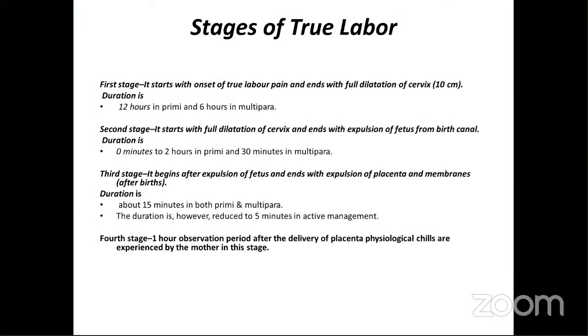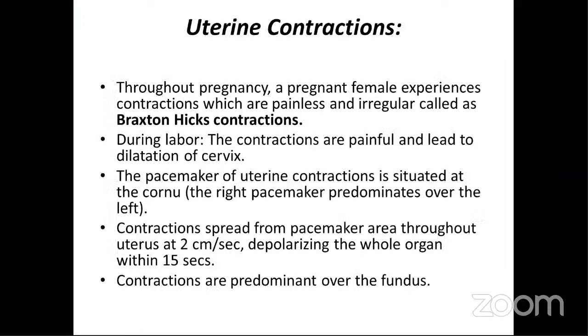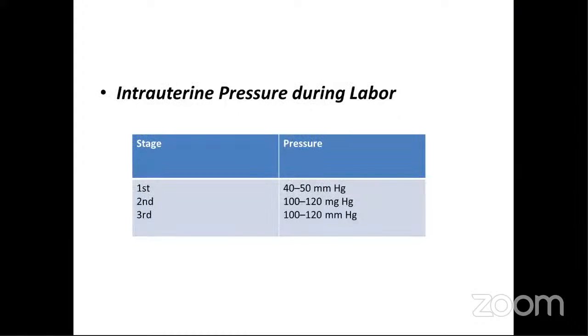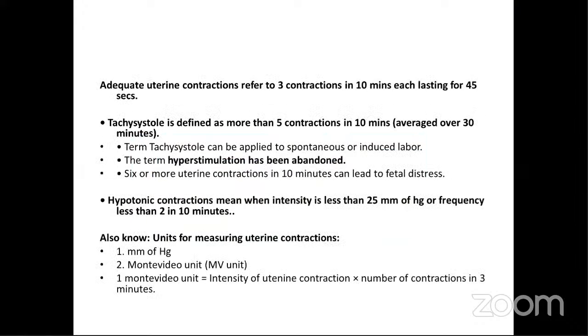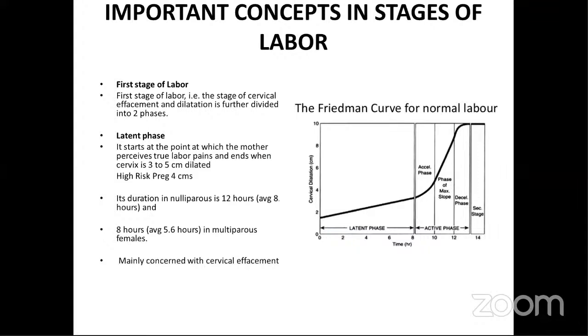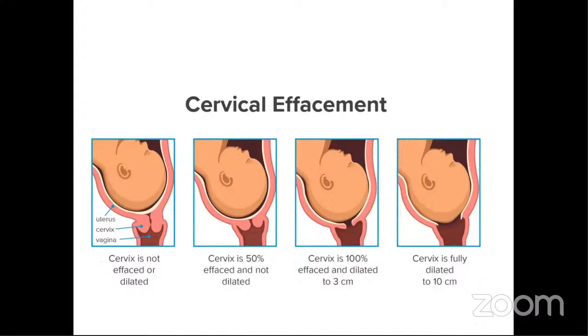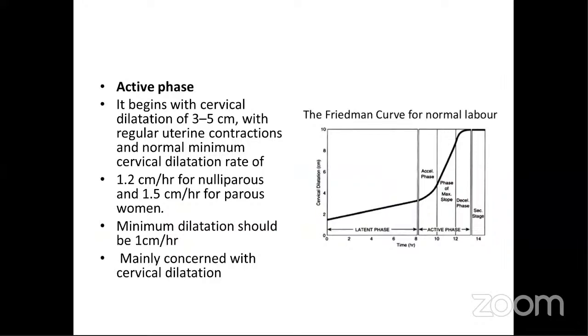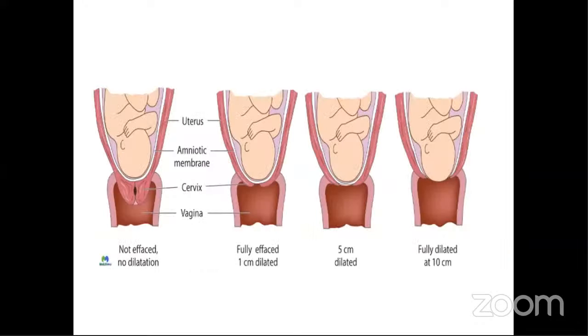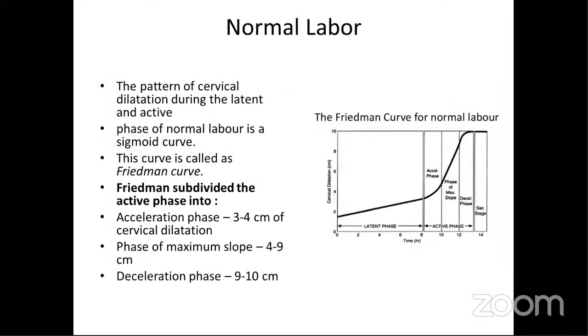Then you should definitely understand the stages of the labor. How do you identify the uterine contractions? What are the normal contractions? What are the abnormal contractions? Then, of course, the different stages of the labor you should understand, and what are the normal events in different stages of labor. What is the normal duration is what you need to understand. What is cervical effacement, cervical dilatation?